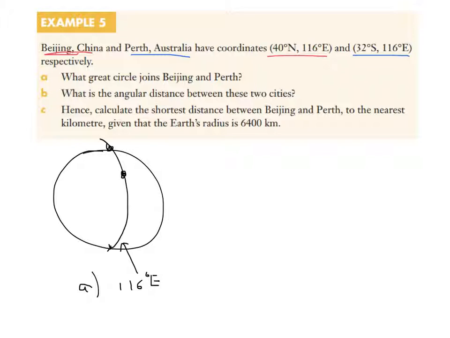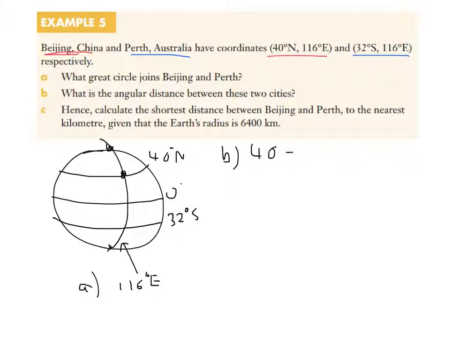In fact, it's 40 degrees north, and Perth is on the other side of the equator, down south, 32 degrees south. The distance between them, remembering that the equator has 0 degrees, the answer for question B would be the addition of those two, which is equal to 72.